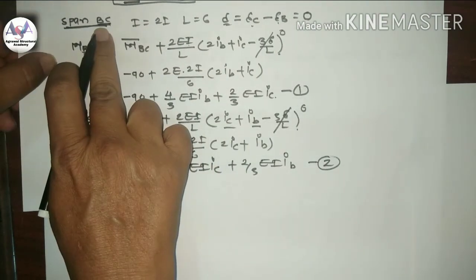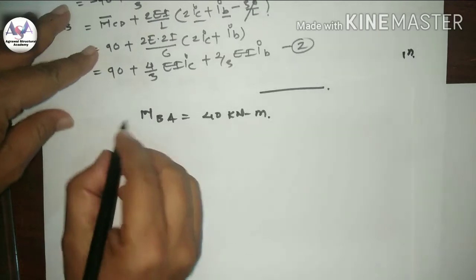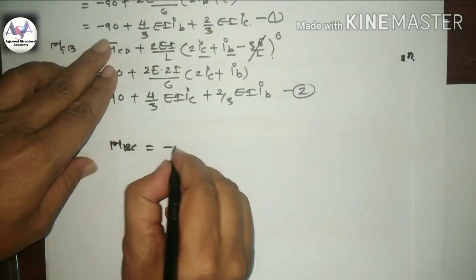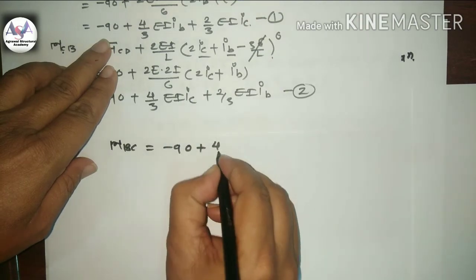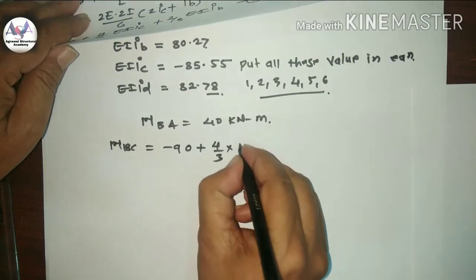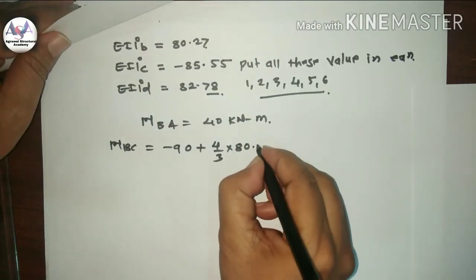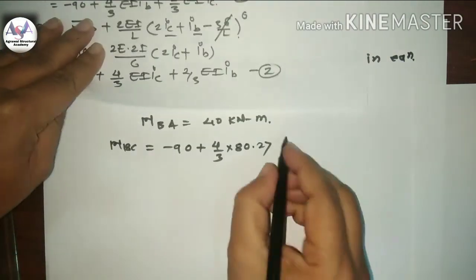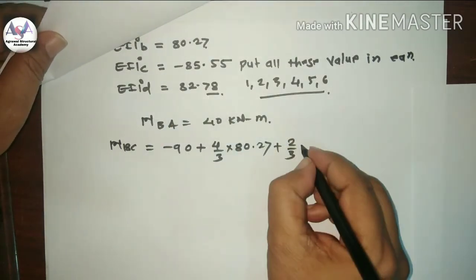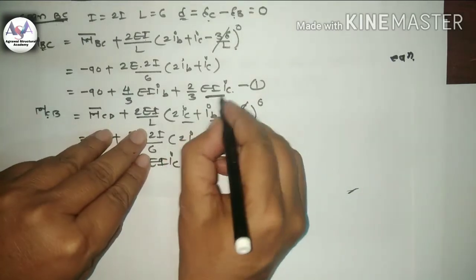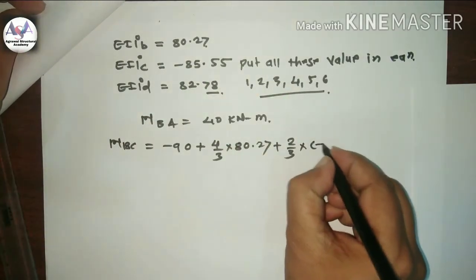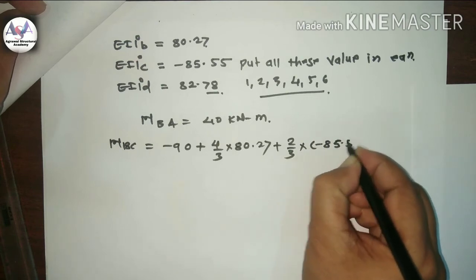Now the span BC. Write M_BC is equal to minus 90 plus 4 by 3 EI theta B, which is 80.27, then plus 2 by 3 into EI theta C, put here EI theta C as minus 85.55.